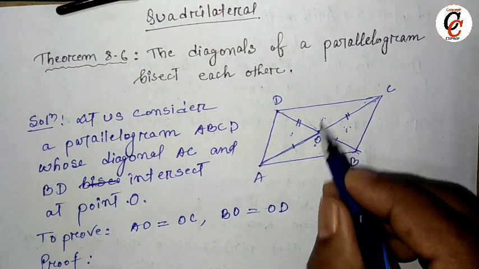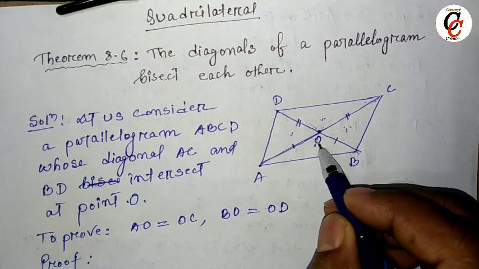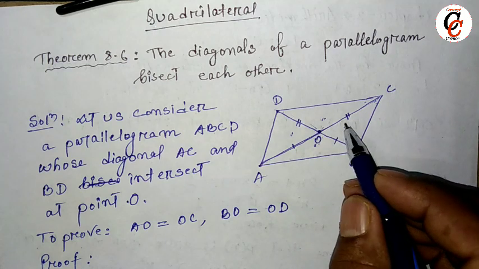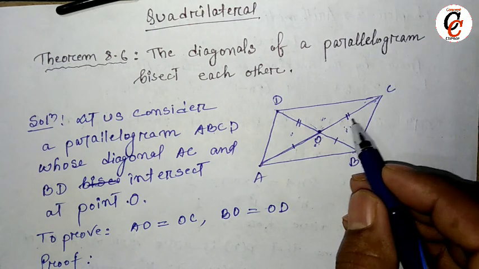So we are taking these two triangles. If we can show these two triangles AOB and COD are congruent, then their corresponding parts will be equal.